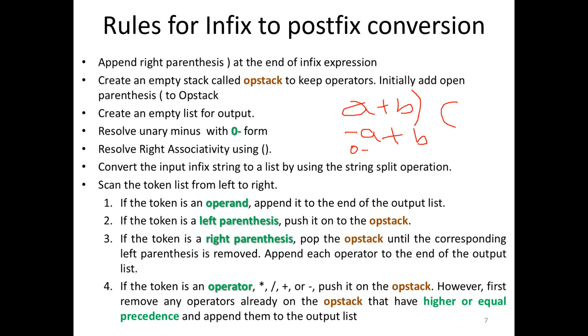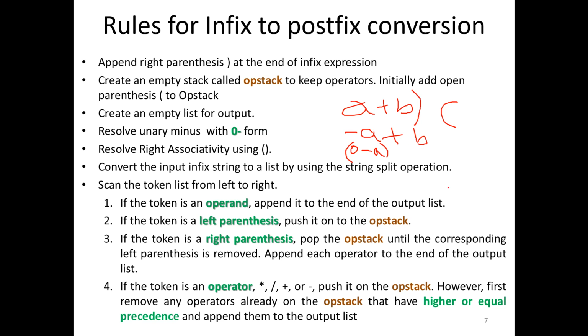By using this, the value of a will not change. You are subtracting a from 0, the answer is minus a. That means you are converting that unary to binary. If at all any unary symbol is present, you convert that into binary form. So this is the next guideline.